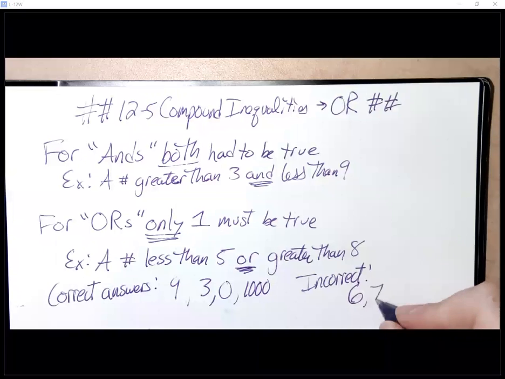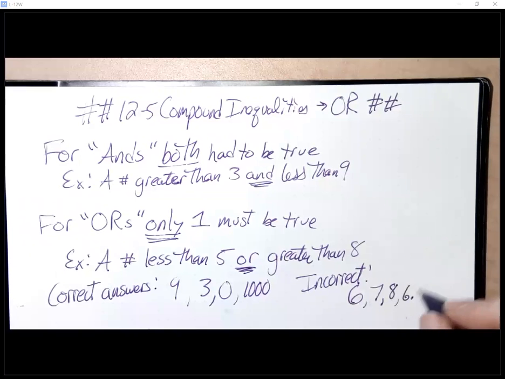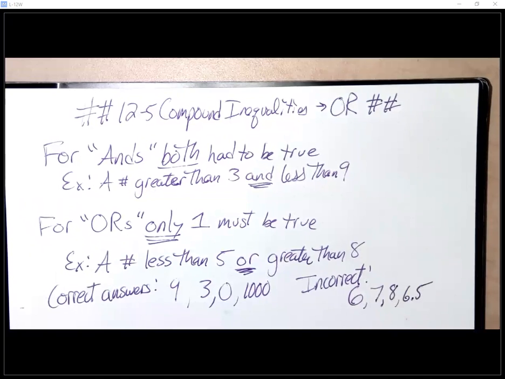You're right, 8 also would not work because I said greater than 8, and 8 is not greater than 8, it's equal to it. You could even do decimals, right? You could do like 6.5. That doesn't work either. So there's an infinite number of numbers in both of these. But I just wanted you to have an idea where these are.